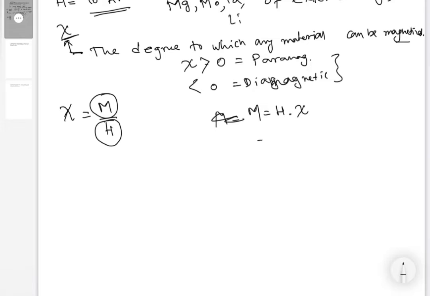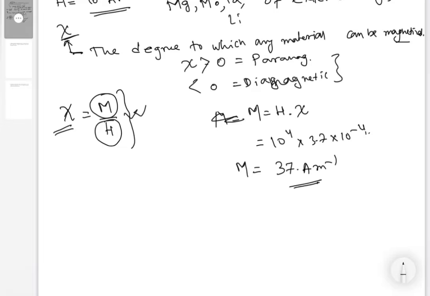H is given as 10 to the power 4 and chi is given as 3.7 10 to the power minus 5. As it is a ratio of these two magnetic properties, it doesn't have any unit. So what is M finally? M is 37 ampere per meter.